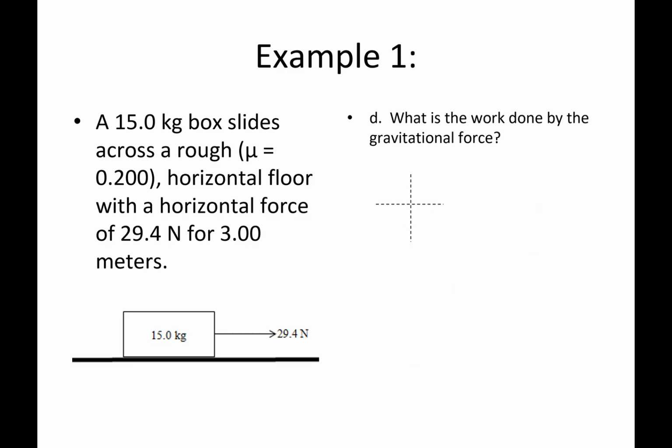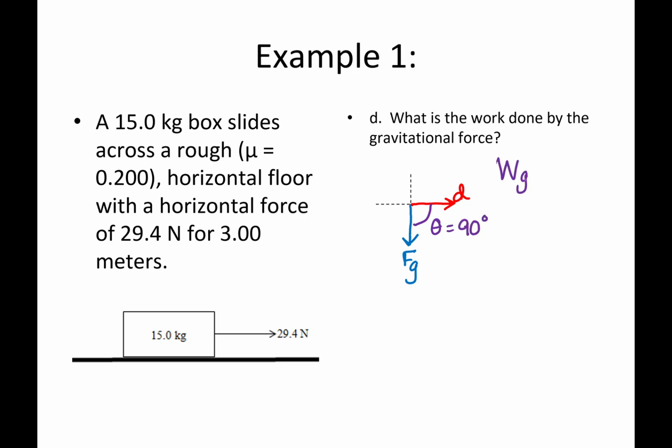All right, and finally, what's the work done by the gravitational force? The last of the forces we identified when we were talking about all the forces acting on the box. So we've got the force of gravity, we've got d. Hey, isn't this angle also 90?